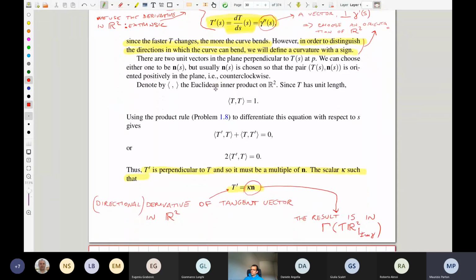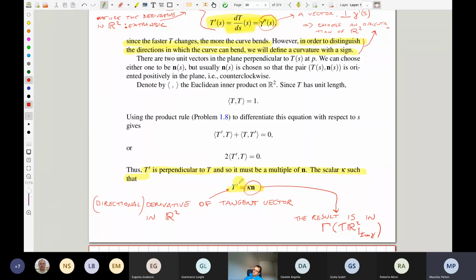Once you make some computation, you discover that the derivative of the tangent vector, if you use the length parametrization, and we will always use that one to start for a curve, is orthogonal to the tangent vector. Also geometrically, it's very clear.